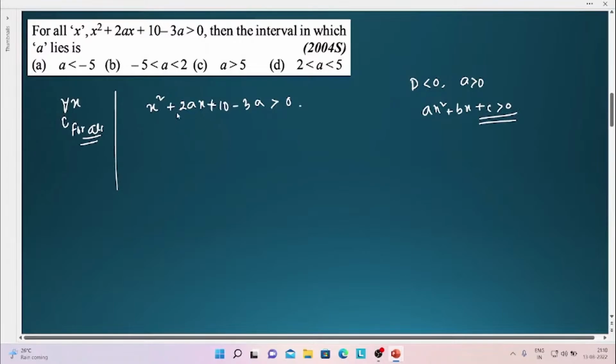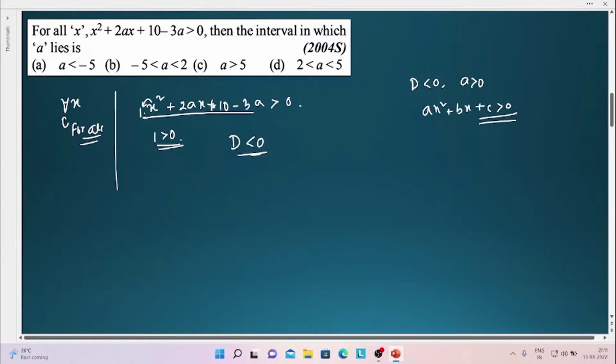So let me check what is the sign of a. Here a is nothing but the coefficient of x square. So here the coefficient of x square is 1. So 1 is always greater than 0. So a is greater than 0. Since a is greater than 0 and this particular expression is positive, that means the discriminant should be negative, right?